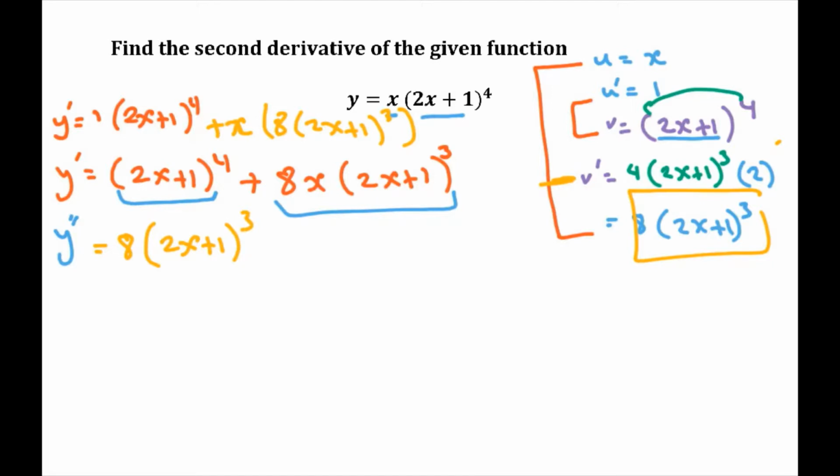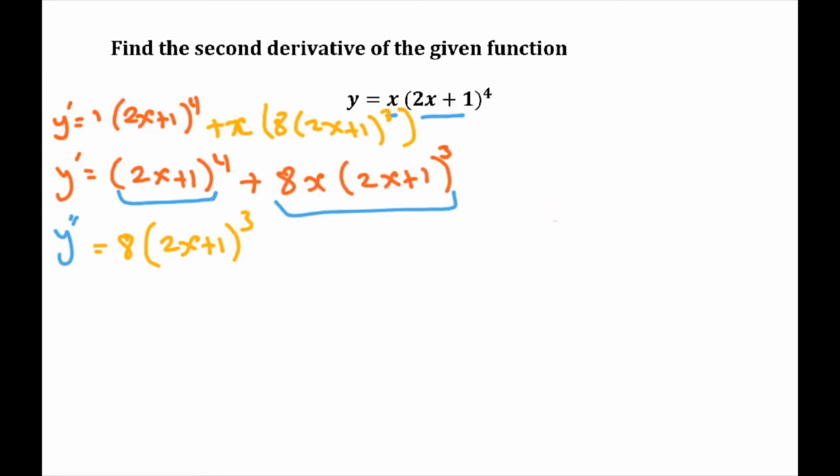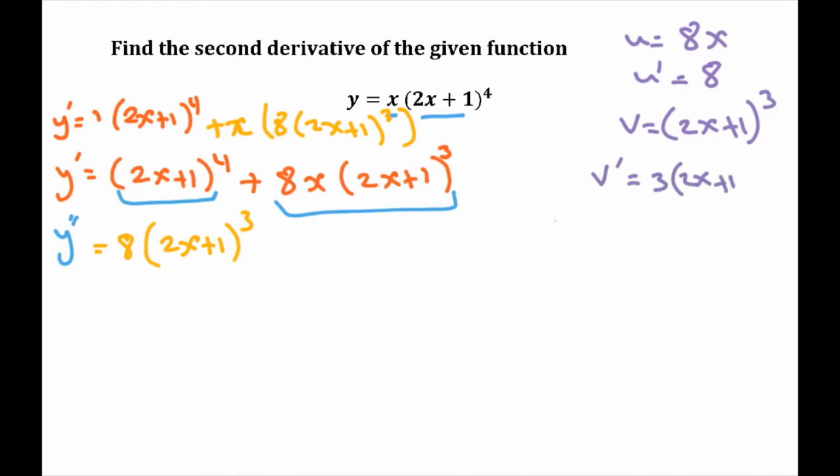And for the derivative of 8x (2x plus 1), what I'm going to do, I'm going to call u is 8x, u prime is 8, v equals (2x plus 1) to the power of 3, v prime equals 3(2x plus 1) to the power of 2 multiplied by 2, which is equal to 6(2x plus 1) to the power of 2.